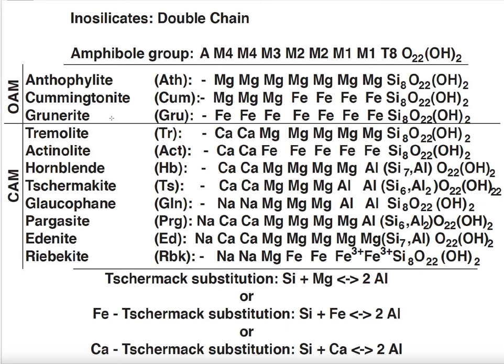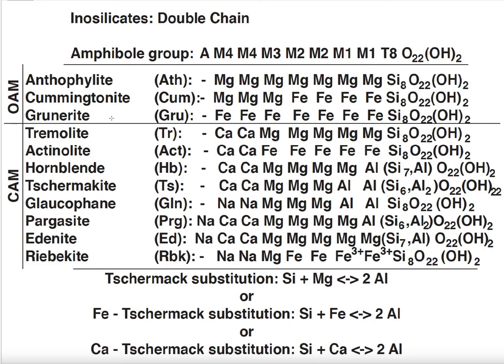So then we are removing 1 silica, we are removing 1 magnesium and putting 1 aluminium and 1 aluminium in the tetrahedral as well as in the octahedral side, and then we have done the Tschermak substitution within the hornblende.